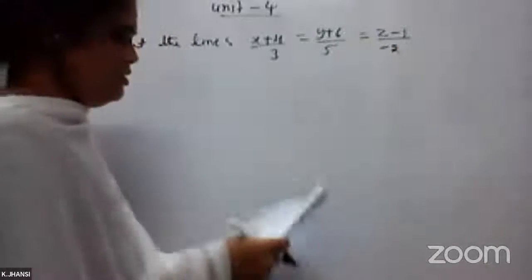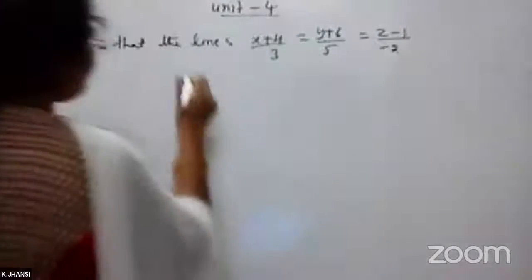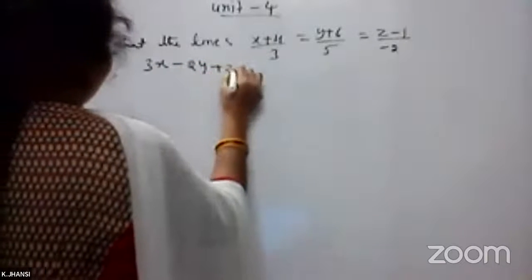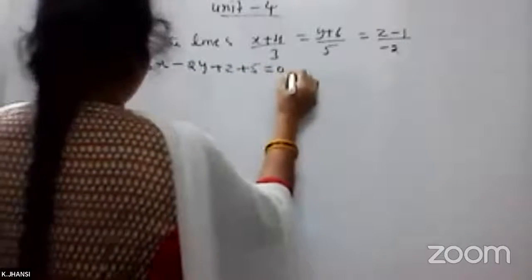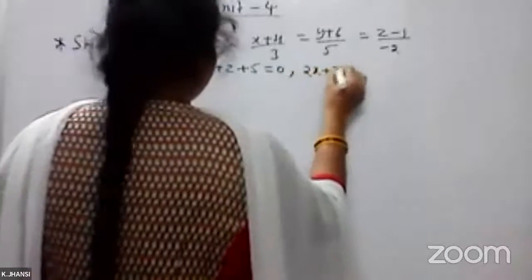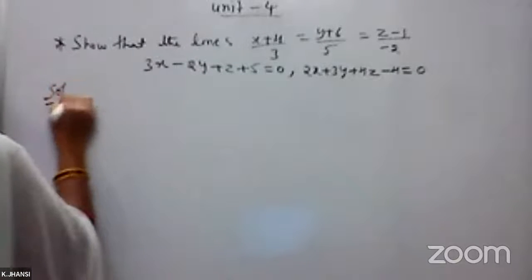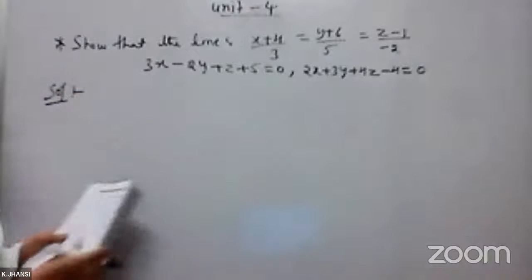And the other line is 3x minus 2y plus z plus 1 equals 0, comma, 2x plus 3y plus 4z minus 4 equals 0. These are the two line equations.